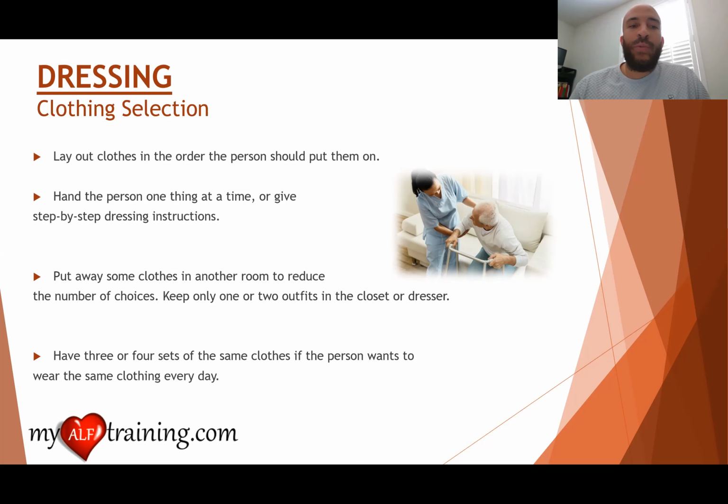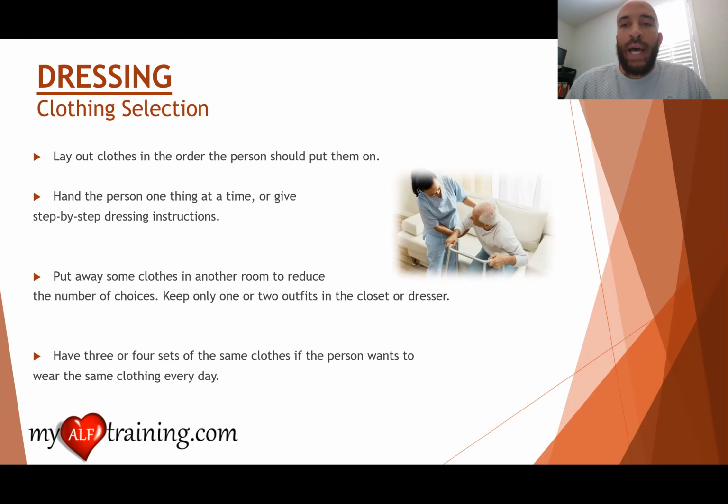Possibly, if you can, you want to put away a lot of their clothes. If they have a lot of clothes, you want to put those clothes away, and only exchange them every week. You only want to have 3 outfits or 5 outfits for the week at the time. You don't want their whole clothing selection to be visible every time you go into the closet or they go into the closet to get some more clothes.